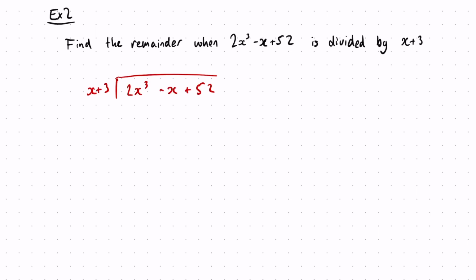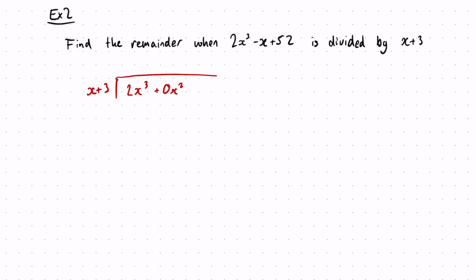Or in fact, actually, sorry. One thing I would do with this question, notice how it goes from x cubed to x. Well, it's missing out the x squared term, and that's fine. We can still divide this, but it does help if you put in the fact that there are no x squareds in this.